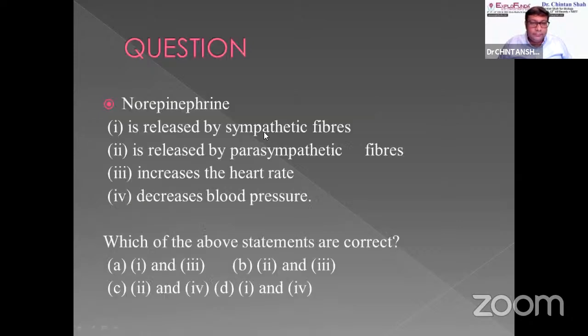34. Norepinephrine is released by sympathetic fibers, released by parasympathetic fibers, increases the heart rate, decreases the blood pressure. Which of those above statements are correct for norepinephrine?